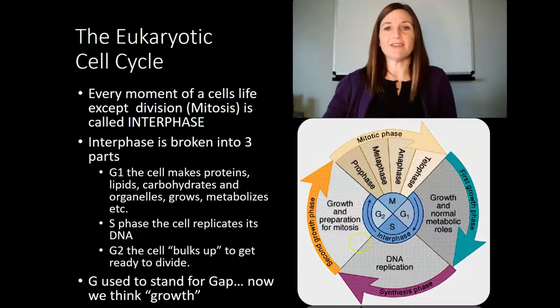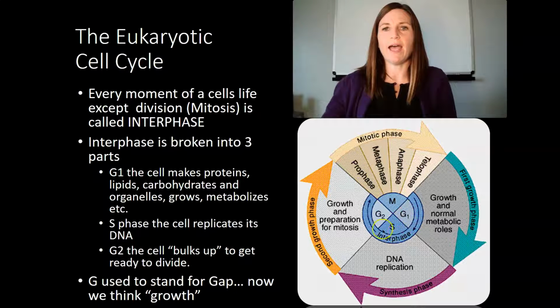So this is the cell cycle right here, and it starts right in this turquoise section here. It's called the first growth phase. If you look on the inside of the circle, we have these little letters here.